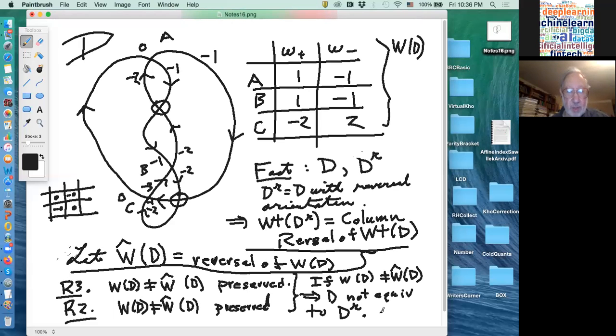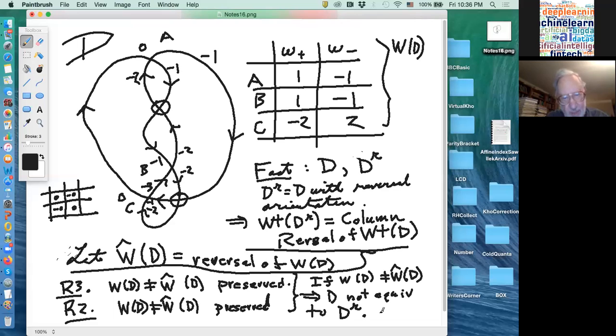Because if it were, W of D would have to be equal to W of D reverse. And we're talking about up to Reidemeister moves, because the property of not being equal to the reversal is preserved under Reidemeister moves.